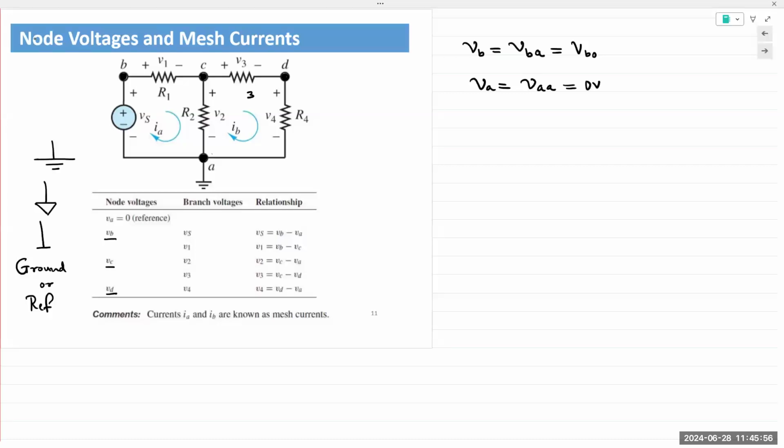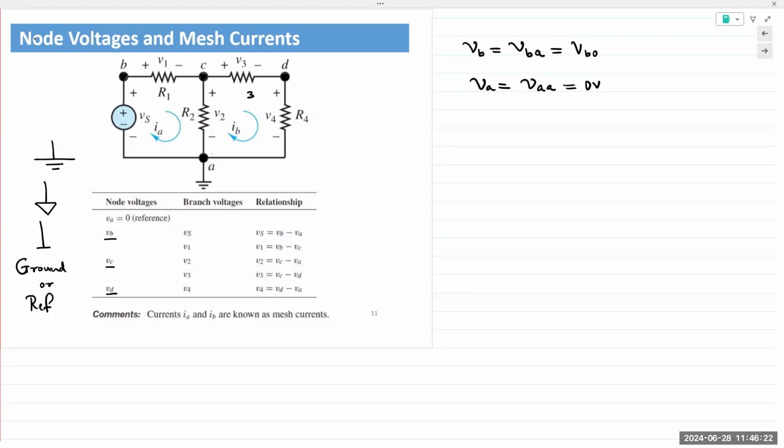Again, important concept. Node voltage means the second point is implied. It's measured with reference to a baseline point. That reference point is known as the reference node. And that reference node could either be given in the circuit, or if you're analyzing the circuit, you can choose whichever point you want as your reference node.